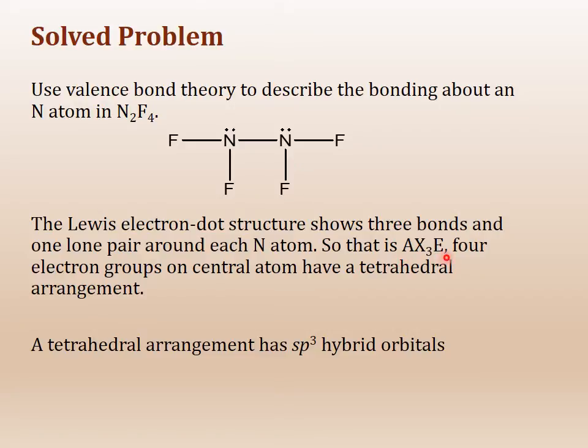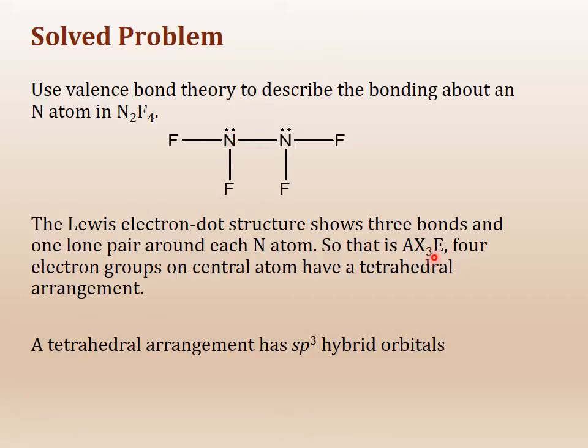So you look at nitrogen, which has three terminal atoms, F, F, and N. N is not terminal for the molecule, but it is terminal for this nitrogen, which means you have three bonded atoms, and then you have a lone pair of electrons over here. So the AXE formula for this central atom is AX3E.